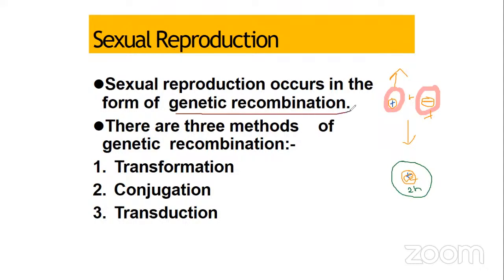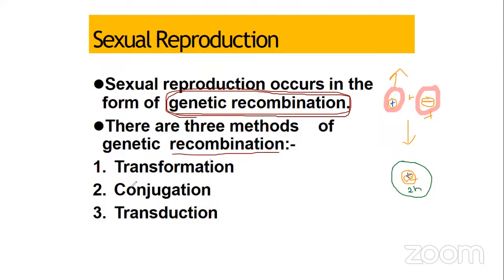So what I'm going to tell is that even though there is no gamete formation in bacteria, another important aspect of sexual reproduction, recombination, takes place. This recombination occurs during sexual reproduction in bacteria, right? There are three methods of genetic recombination. Recombination is nothing but the exchange of genes, plus to minus and minus to plus.